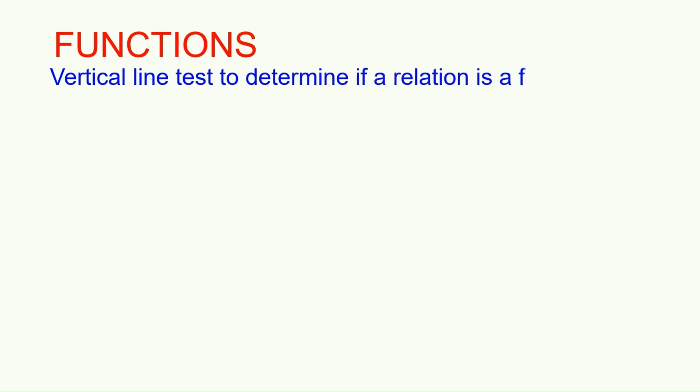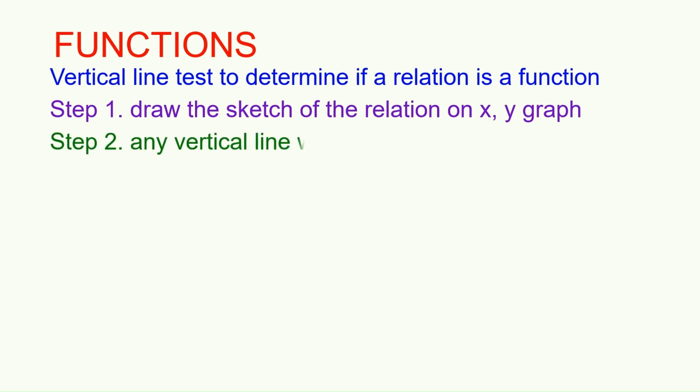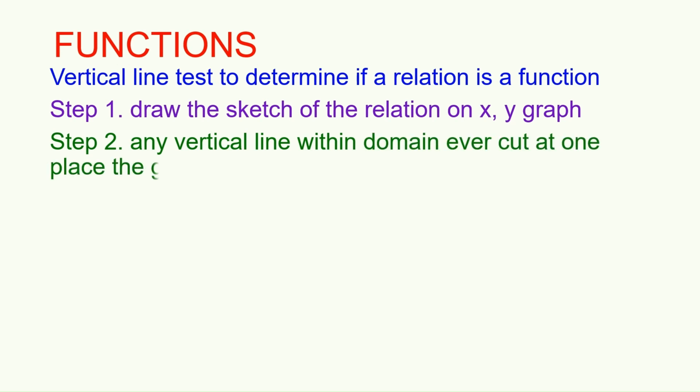Vertical line test. To determine if a relation is a function: Step 1, draw the sketch of the relation on an x, y graph. Step 2, if any vertical line within the domain cuts the graph at only one place, the relation is a function.